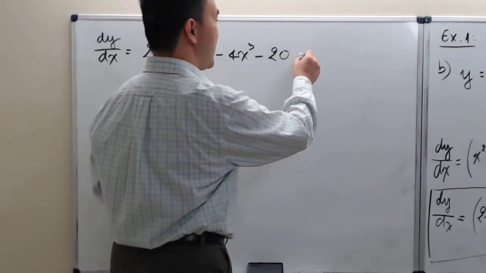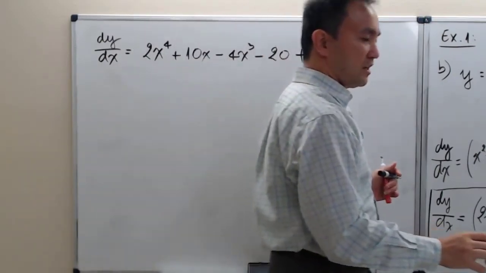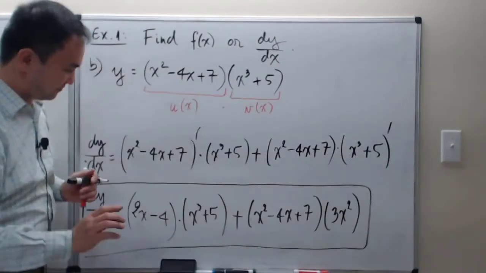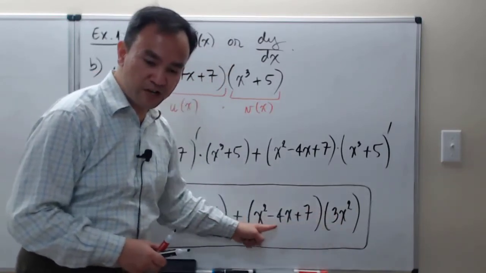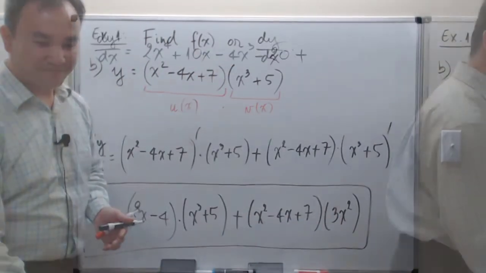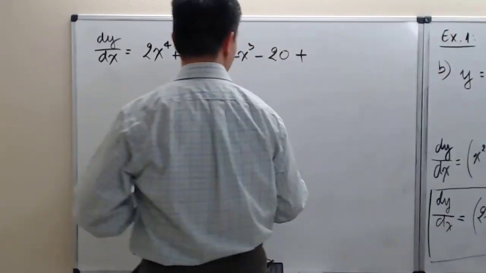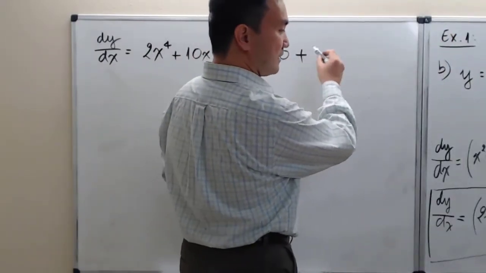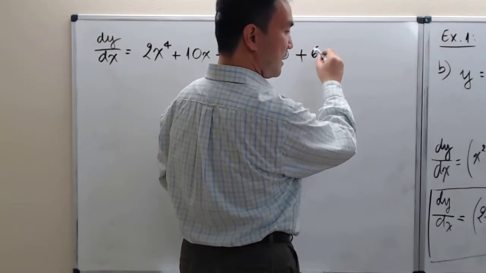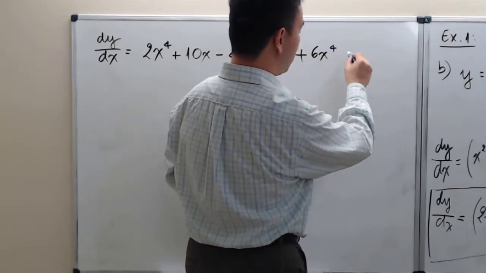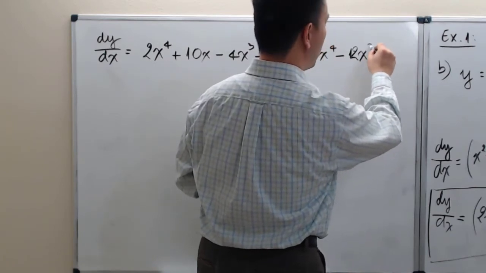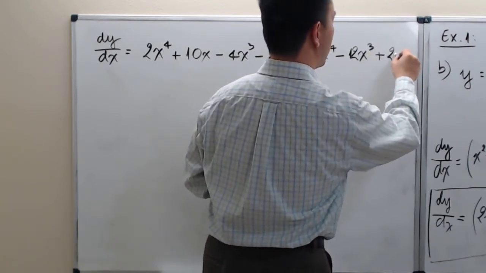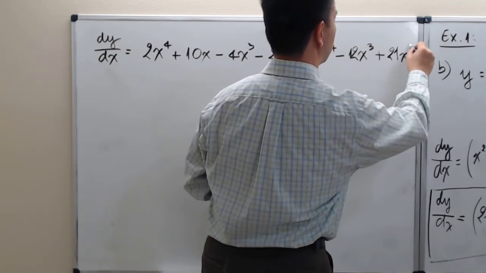Then I am going to add, and now I'm going to quickly swing back at the other board. And so now I am going to distribute out that 3x squared for each term here. So what we're looking at now is going to be 6x to the fourth minus 12x cubed plus 21x squared.